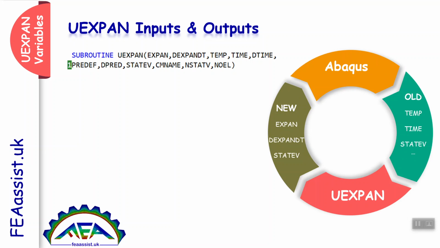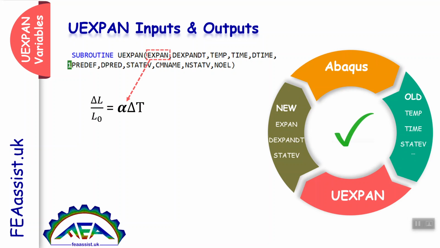Again, Abaqus uses these variables to recompute temperature, time, and state variables. This is how UXPAN and Abaqus interact with each other, which is necessary to understand well to write a good UXPAN subroutine. For example, one of these variables, XPAN.